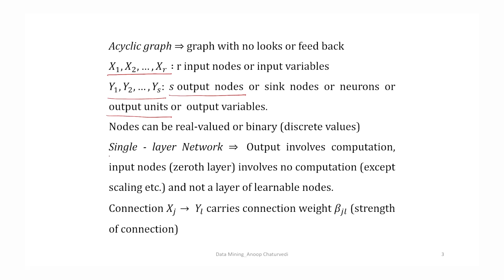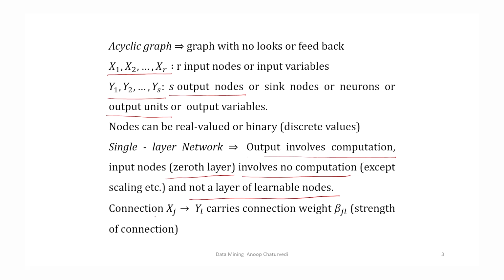Now, we consider a single layer network. In a single layer network, the output involves computation. Input nodes, which is also called the 0th layer, involve no computation, except sometimes you may require some scaling of input variables, etc. And this input layer is not a layer of learnable nodes.